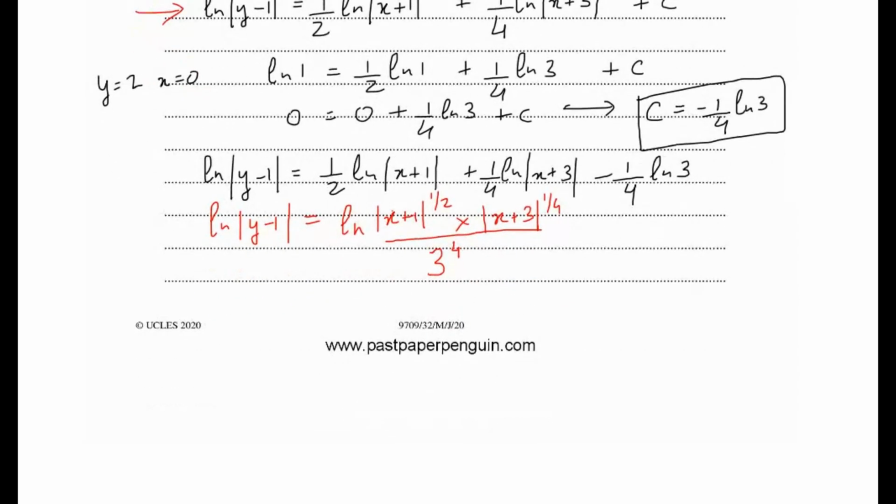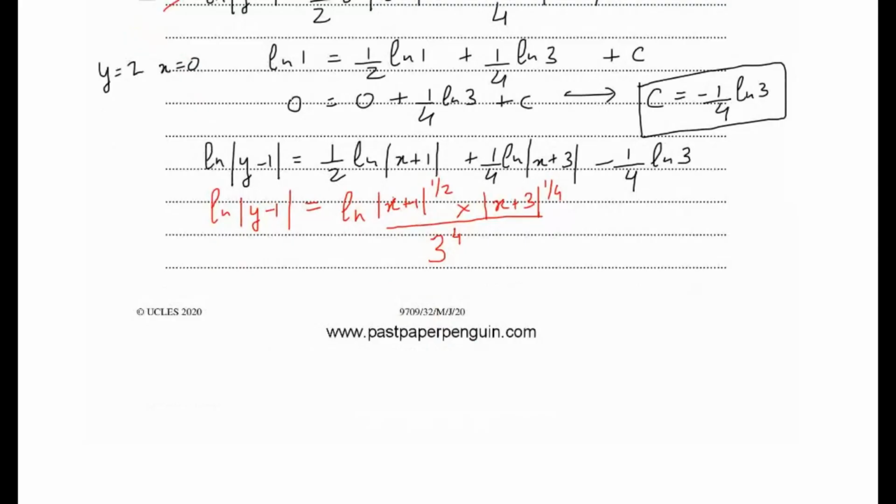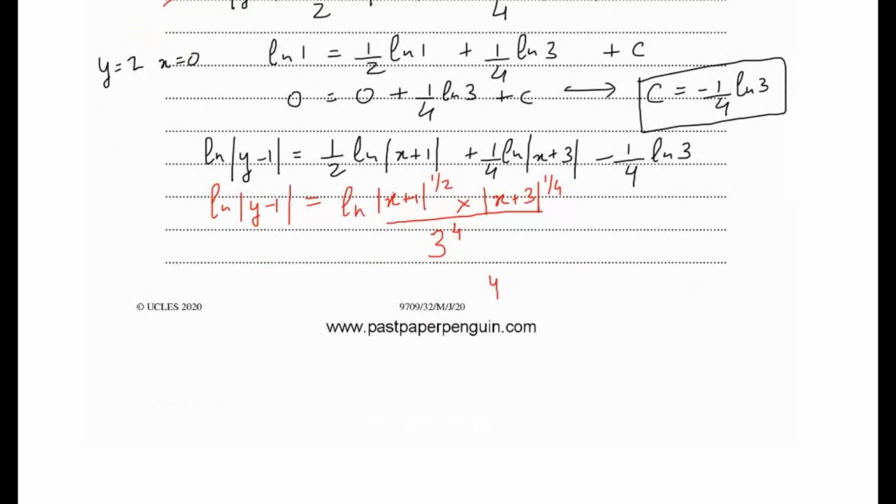Right, so we can now discard the modulus and discard the logs as well. So y minus 1 is equal to x plus 1 to the power of half into x plus 3 to the power of 1/4 over 3 to the power of 1/4.